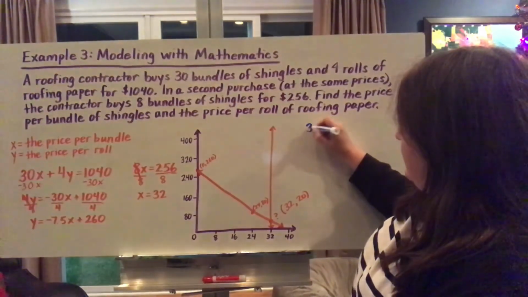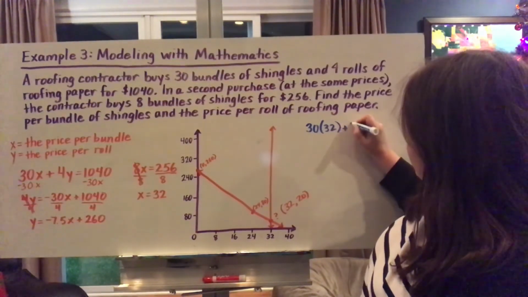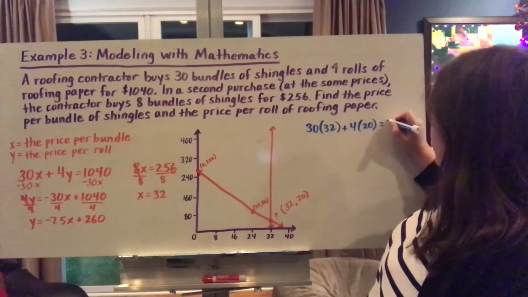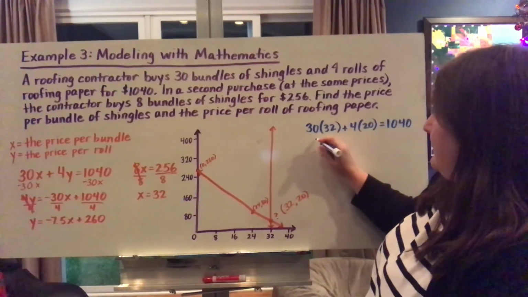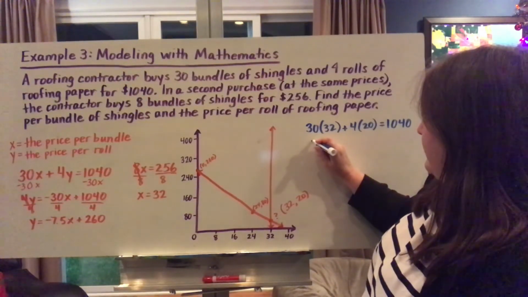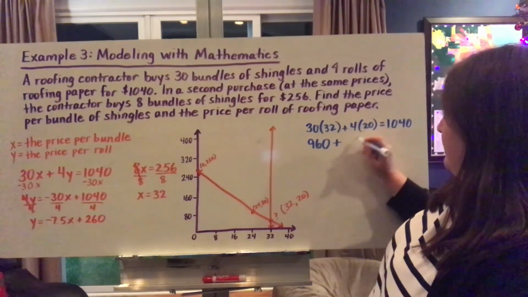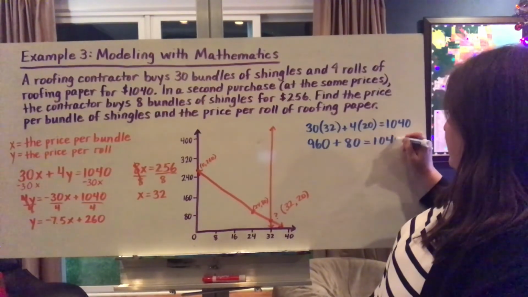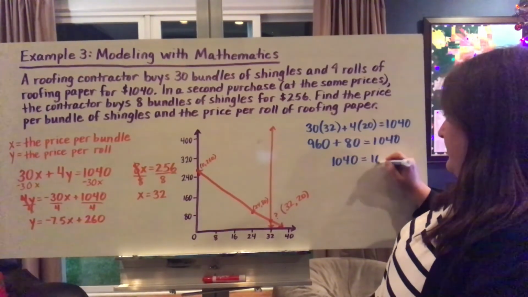We had 30 times 32, plus 4 times 20, and we wanted a total of 1,040. So 30 times 32 is going to give us 960. 4 times 20 is going to be 80. And if I add those two, I do in fact get 1,040 as my total.